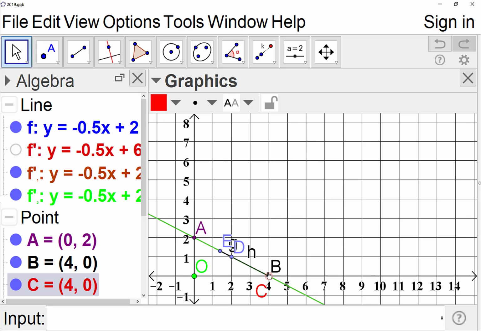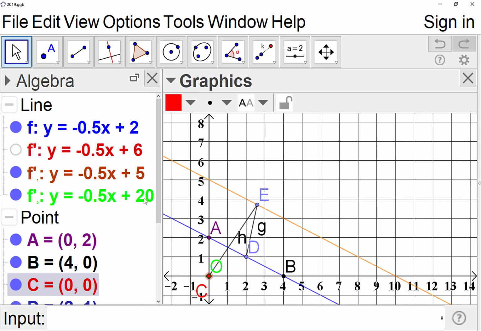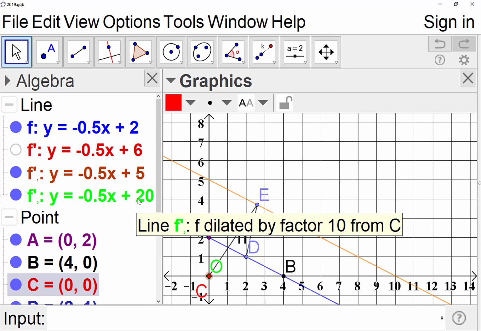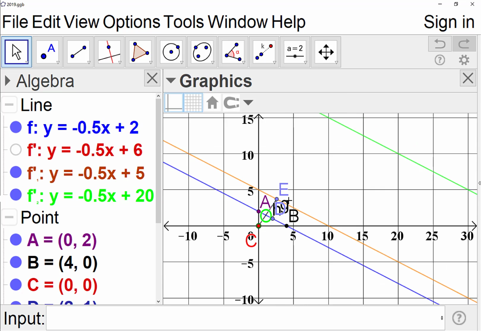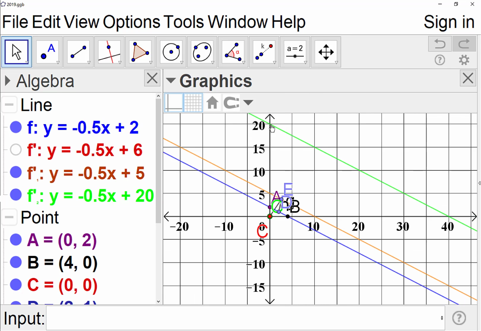So I'll show you that. C is going to move to the origin, and now that line has a y-intercept of 20. And if I zoom out, you can see that new line hits 20.